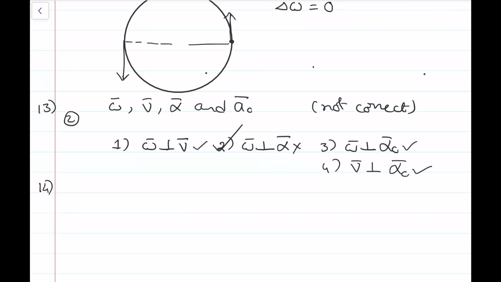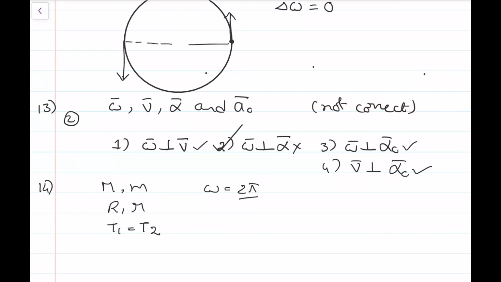Next, for 14, two particles having mass capital M and small m are moving in circular paths having radius capital R and small r. If their time periods are same, then the ratio of angular velocities?